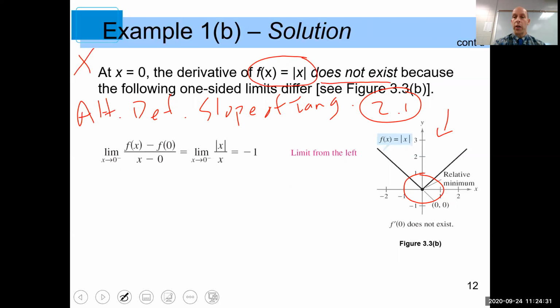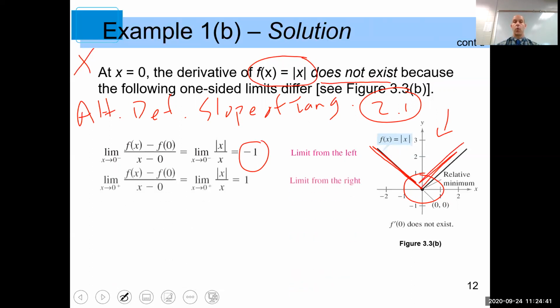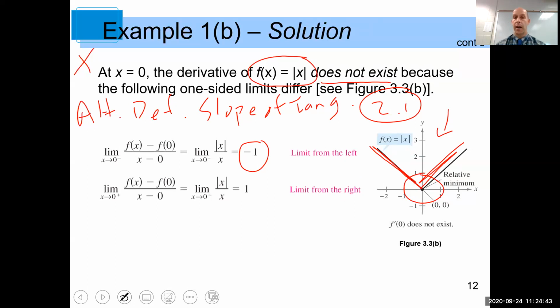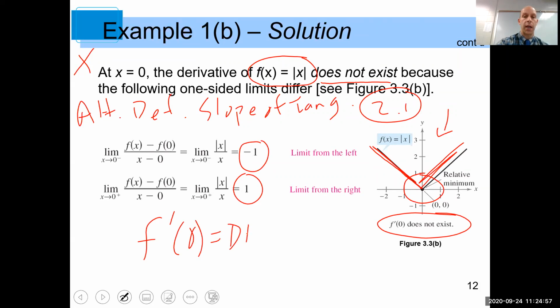Anyways, when you find the slope of this tangent line right here, it turns out to be -1, which is kind of a no-brainer because it's linear. So what's the slope of the tangent line going to be over here on this side? Well, of course, the slope of the tangent line on the right side is going to be 1. So the limit on the left is -1, the limit on the right is +1, and so guess what we can conclude? f prime of 0 does not exist.